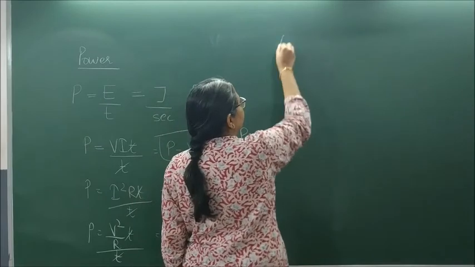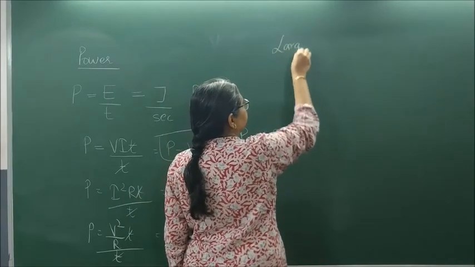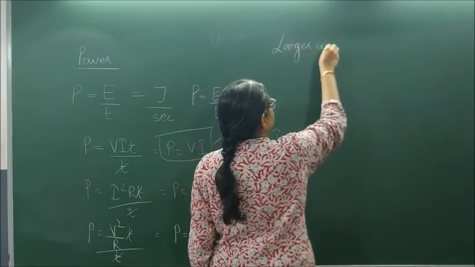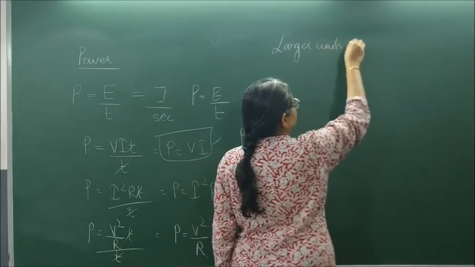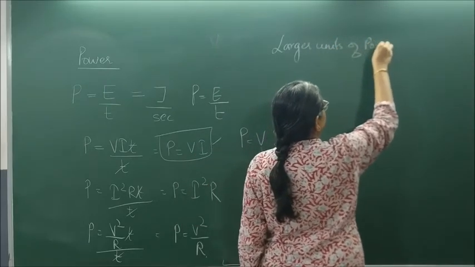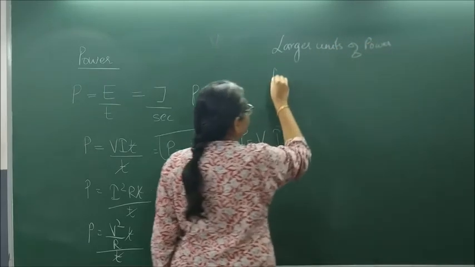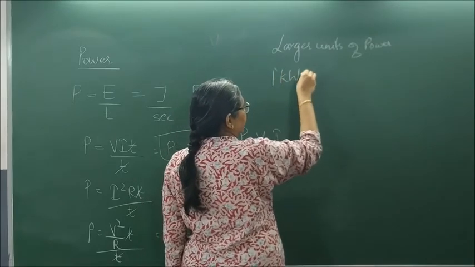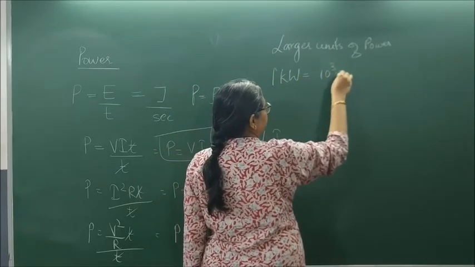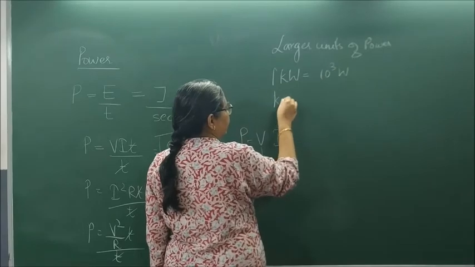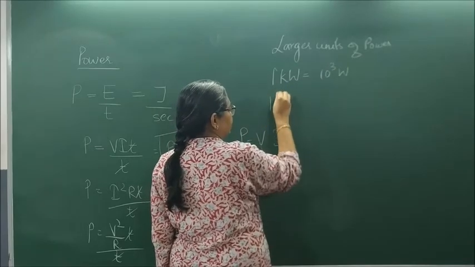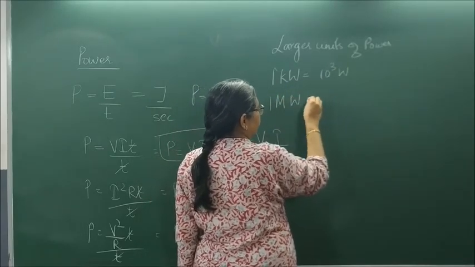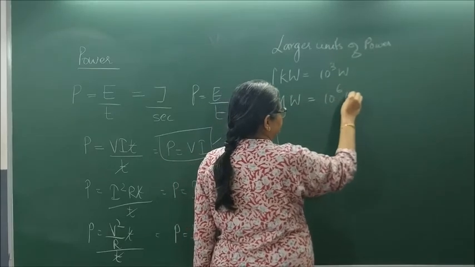Now, larger units of power. One kilowatt is equal to 10 to the power of 3 watt. 1 megawatt is equal to 10 to the power of 6 watt.